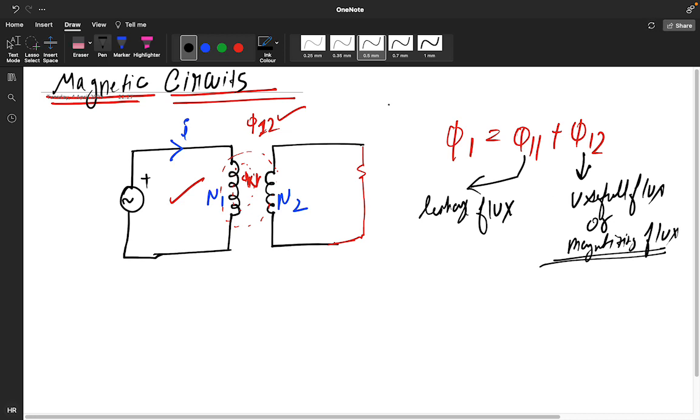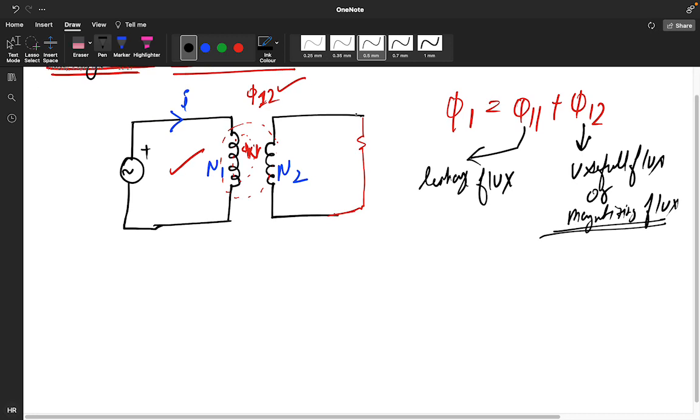So there is a concept of mutual flux, magnetic flux.